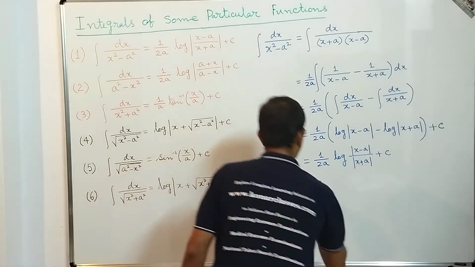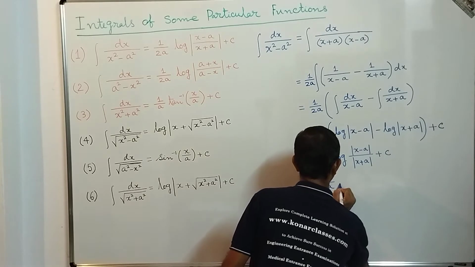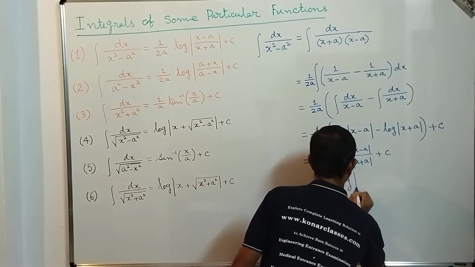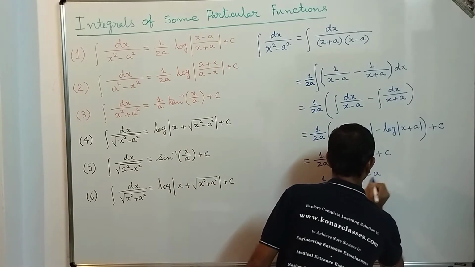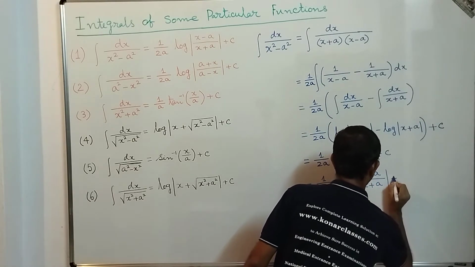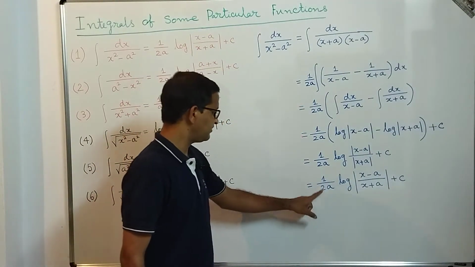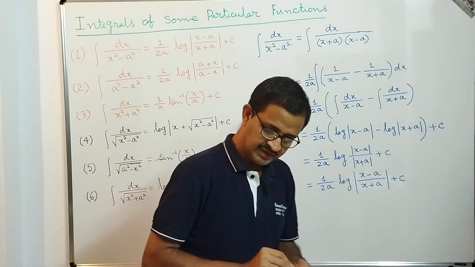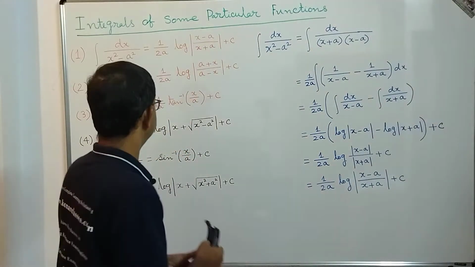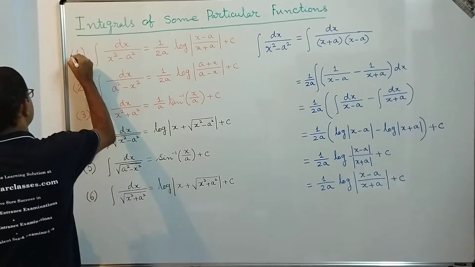So now we can write 1 by 2a into log of mod x minus a divided by x plus a plus c, correct? So this is the way we derive the formula. Now let's proceed to the next one, we are done with the first one, okay?